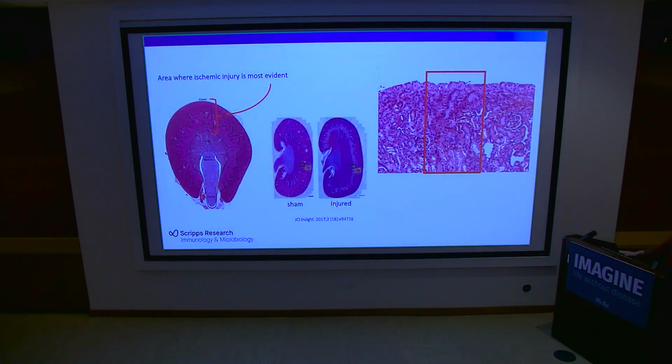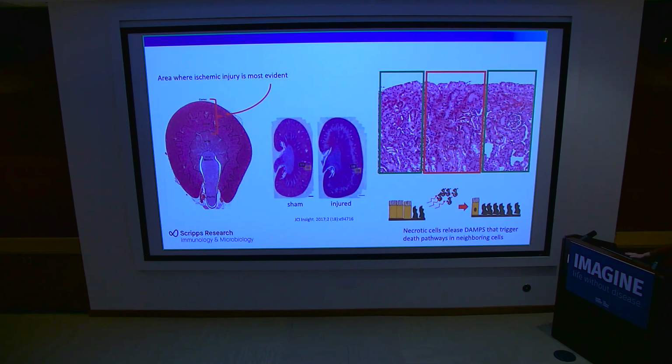And when we look histologically, we see what's called patchy necrosis. The red are dead tubule cells, and right next to them are ones that are alive. This histologic phenomenon is pathognomonic and has been noted for many, many years by histologists.